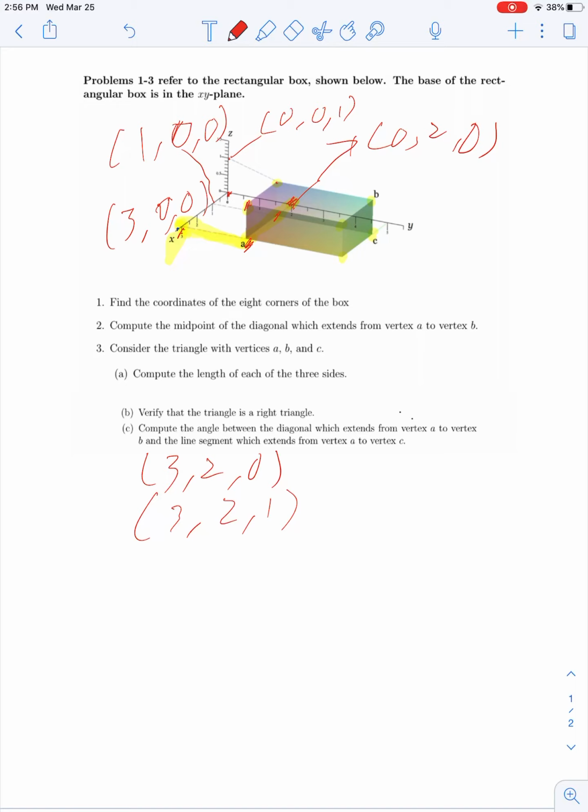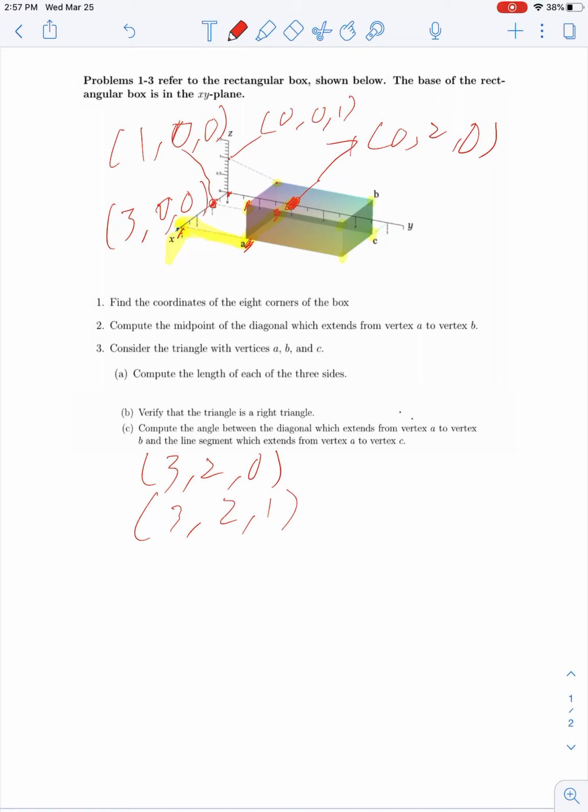And now let's go over to this corner right here. That one is going to have the same x and z coordinates as this guy, and it's going to have the same y and z coordinates as this guy.